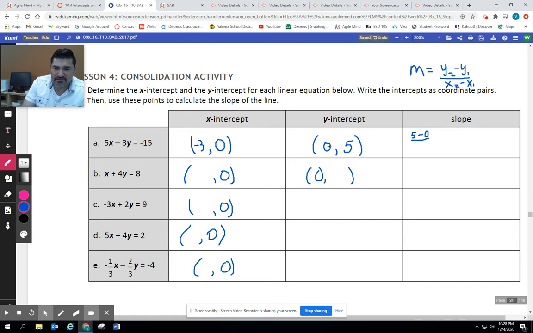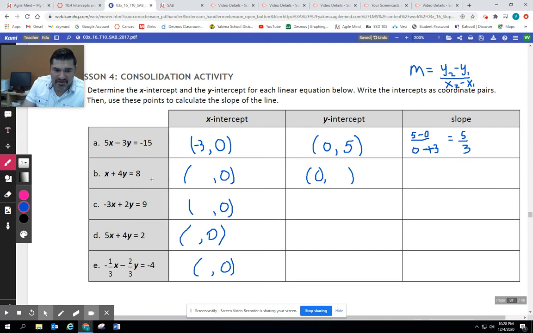So here's x2, which is 0, minus x1, which is negative 3. So I have 5 minus 0, that is 5. And anytime you have a double negative, we're going to change that to a plus. So our slope is 5/3.